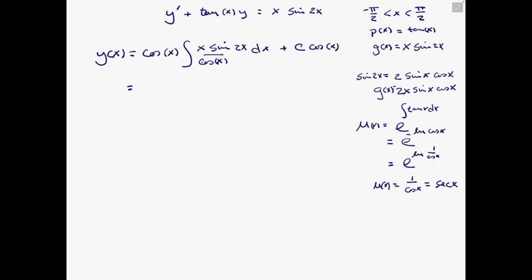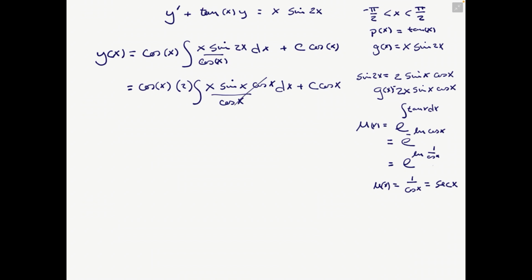All right, now remember our identity, the double angle formula: cosine of x times 2x sine x cos x on cos x dx plus c cos x.